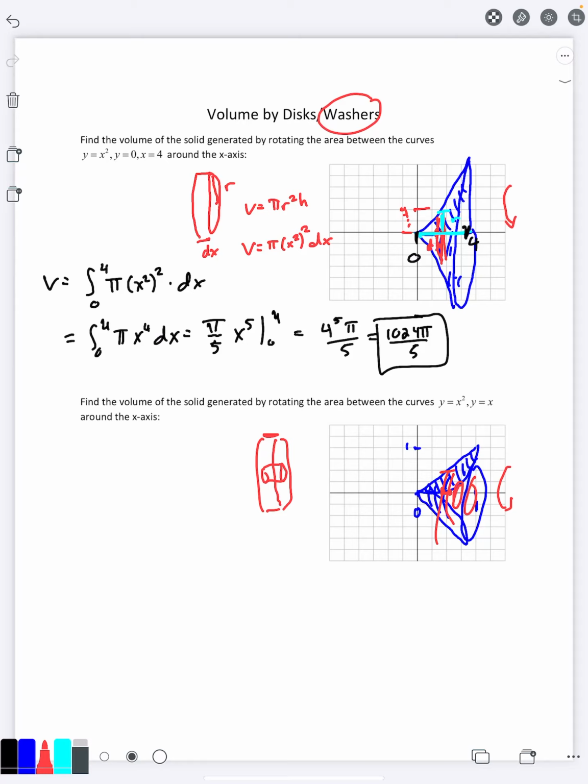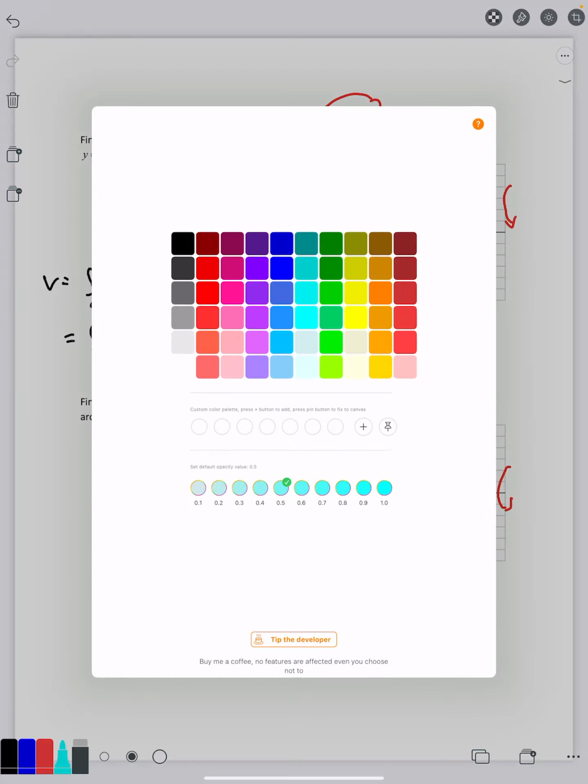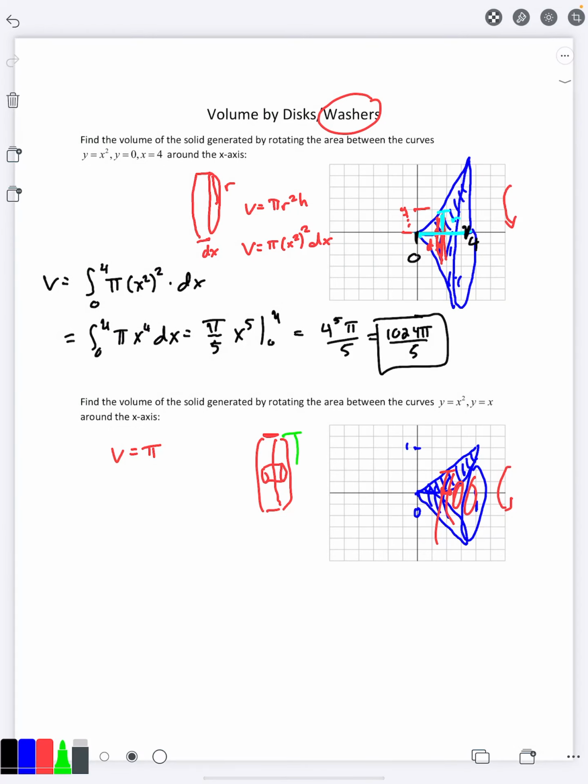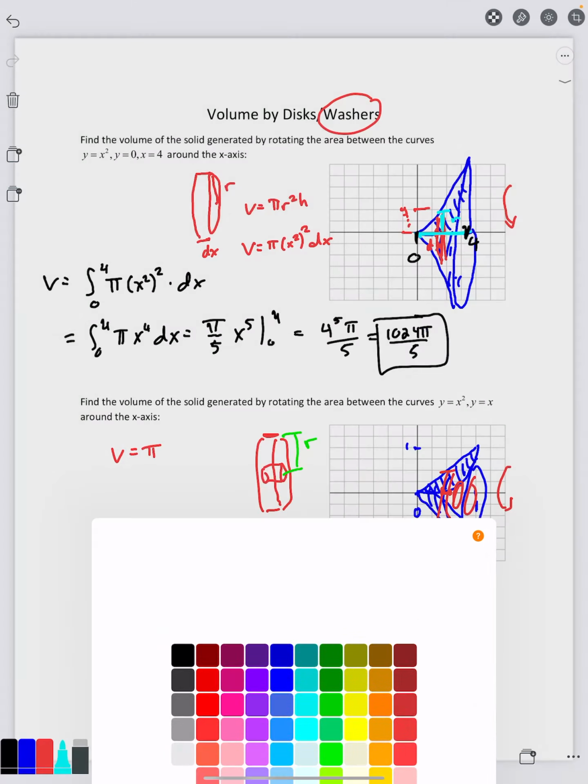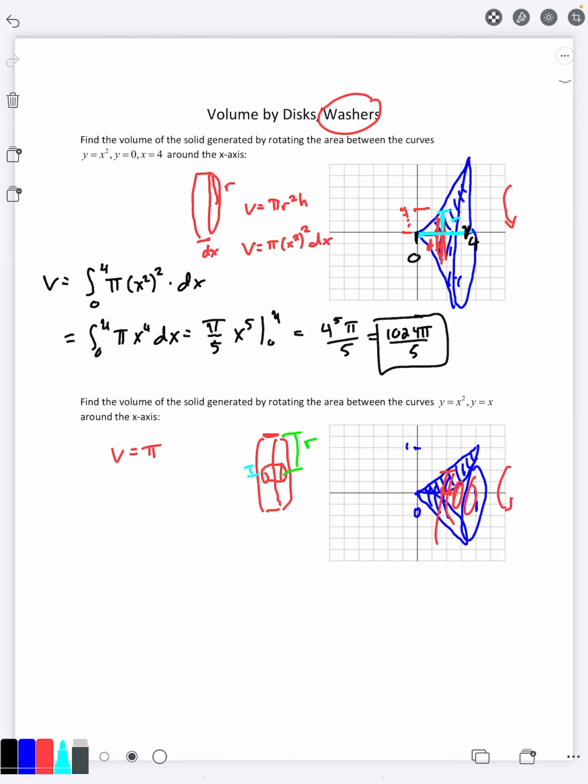If I want to find the volume of this, it's pi r squared h, but the problem is you have the radius for the big part, and then you also have a different radius for the small part. So to avoid confusion, I'm going to call the big one capital R and the other one little r.